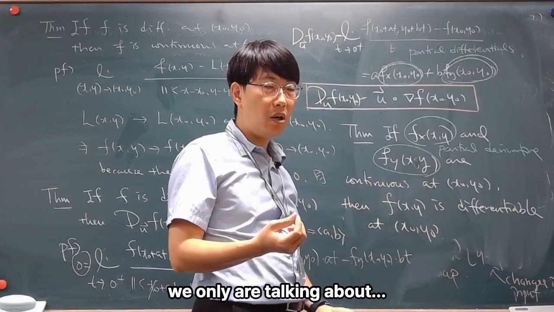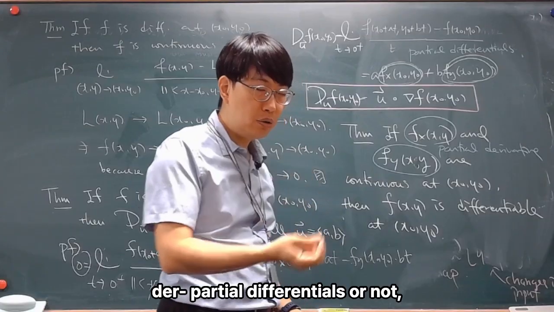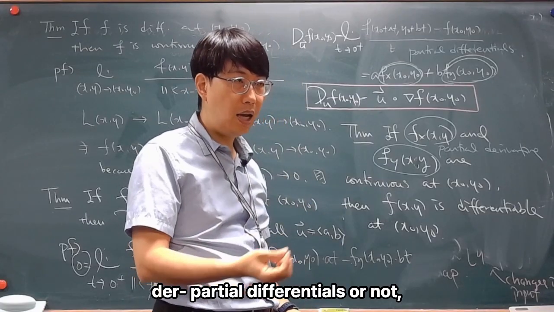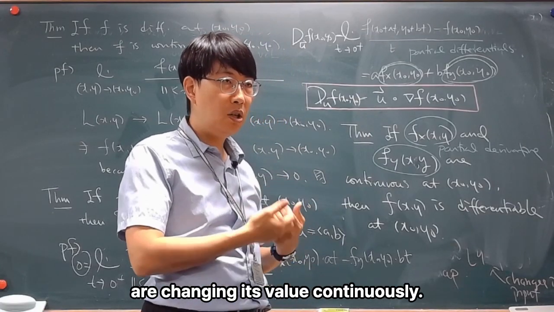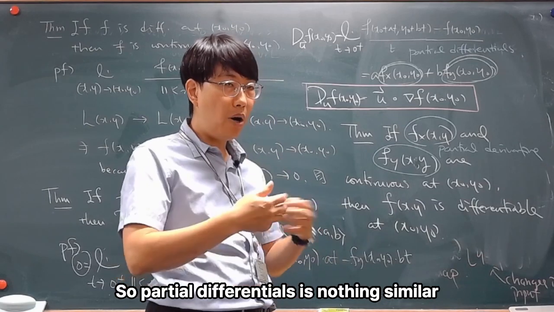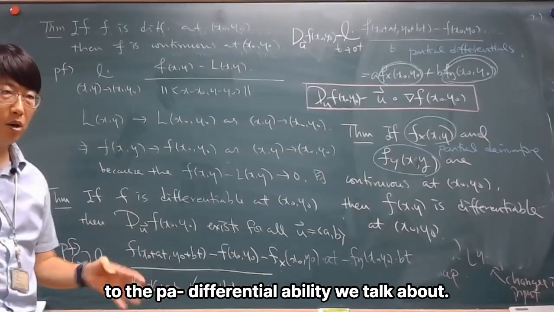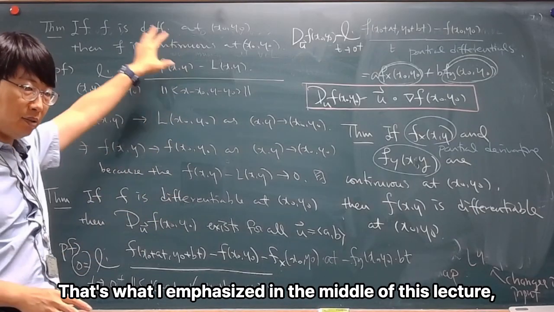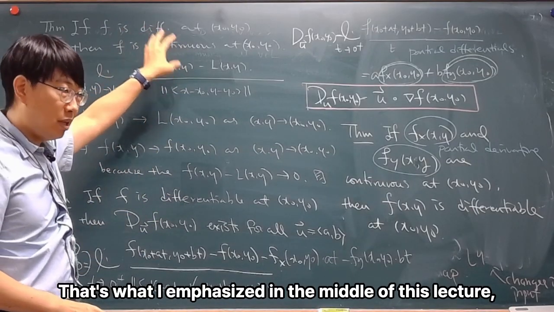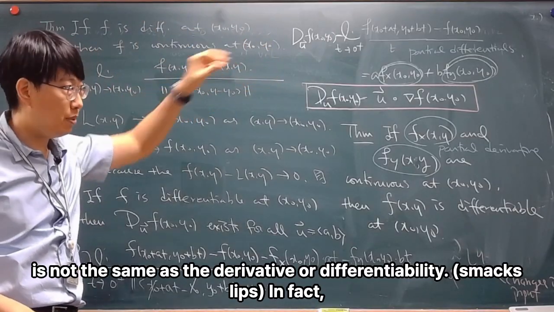We are only talking about whether we can take partial differentials or not, and whether the partial differentials are changing their value continuously. So partial differentials are nothing similar to the differentiability we talk about. They are different concepts. That's what I emphasized in the middle of this lecture, that the directional derivative is not the same as the derivative or differentiability.